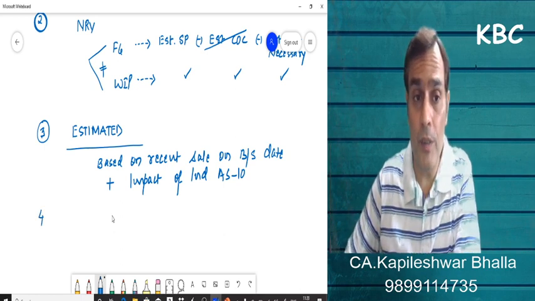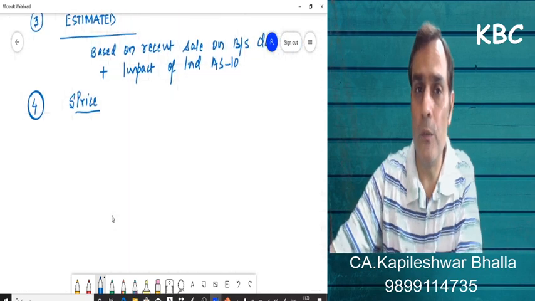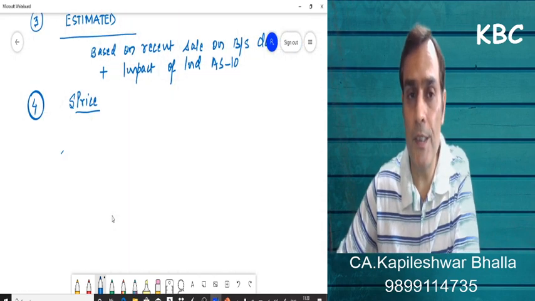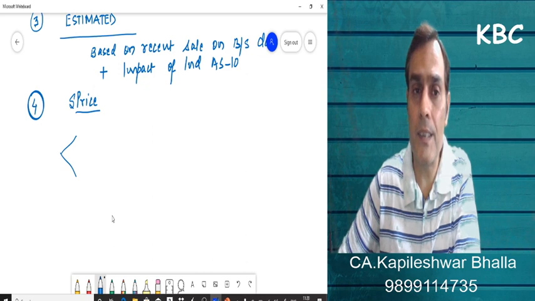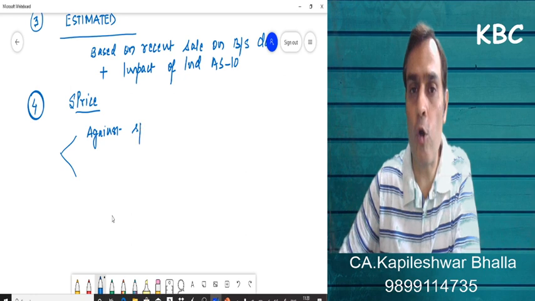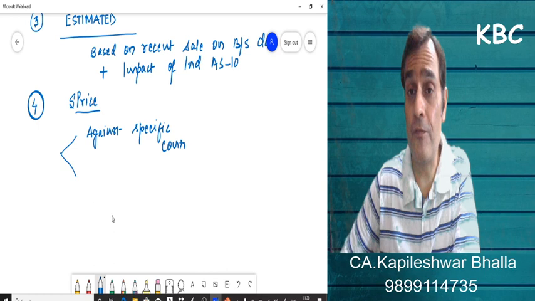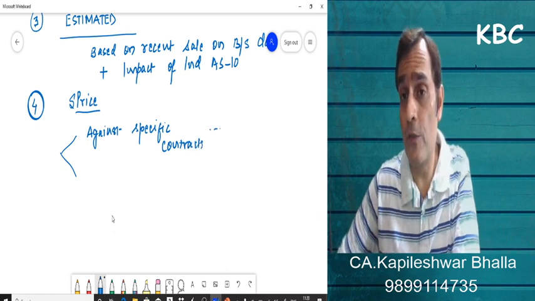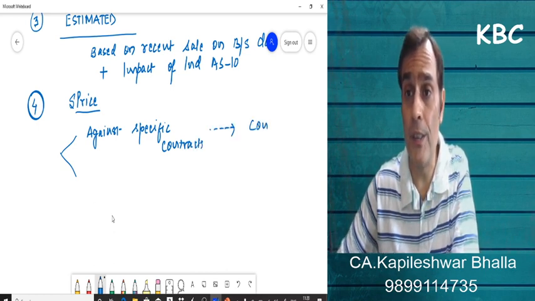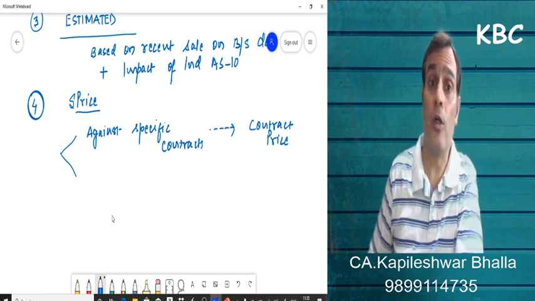Number 4, we focused on the fact that when we say the word selling price, we've got two kinds of inventory. One is if you've got inventory against specific contracts, then instead of taking the general selling price, you would consider the contract price.